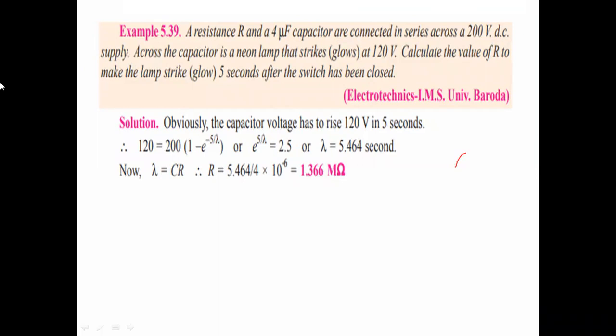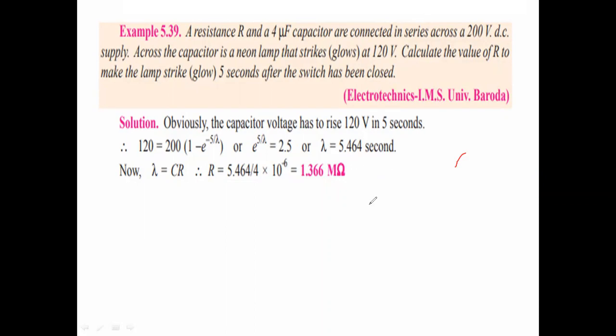Across the capacitor is a neon lamp that strikes or glows at 120 volts. Calculate the value of R to make the lamp strike 5 seconds after the switch has been closed.